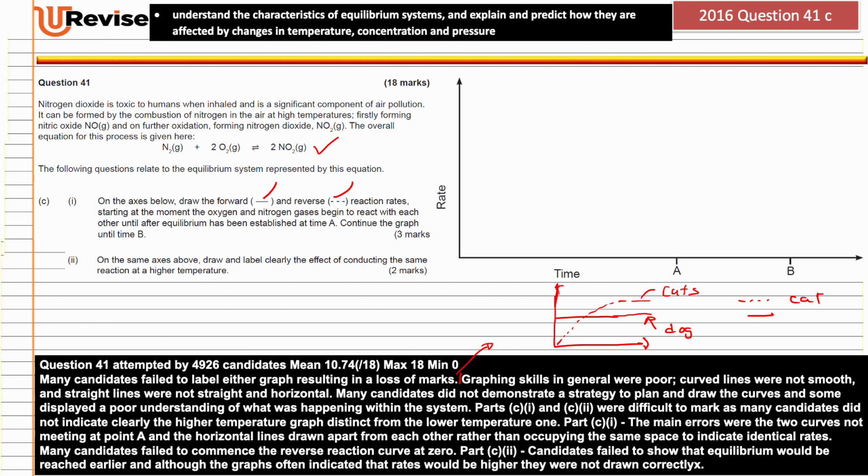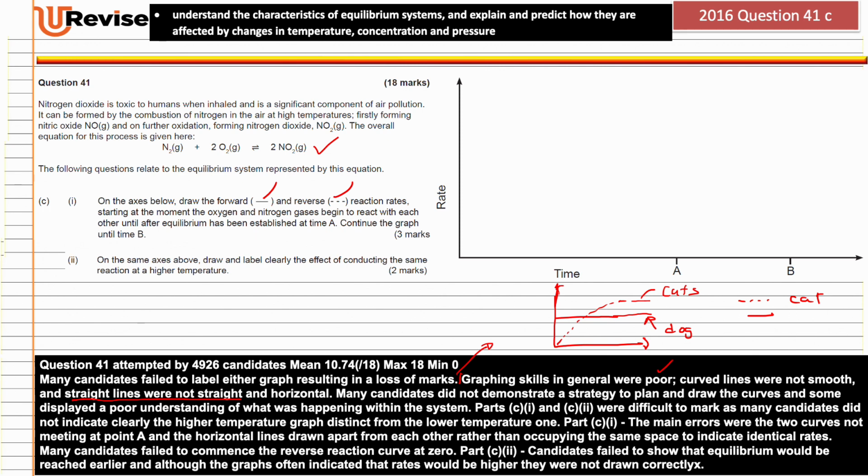So let's move on. Graphing skills in general were poor. Probably this examiner is talking about me. I don't like drawing, but anyway. Curved lines were not smooth, which is very difficult, and straight lines were not straight. This should be a walk in the park because civilization invented something called a ruler.